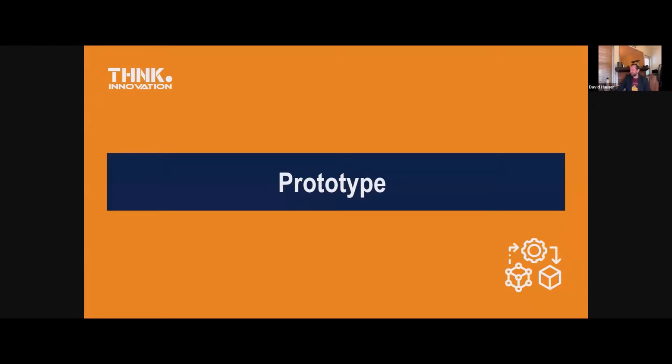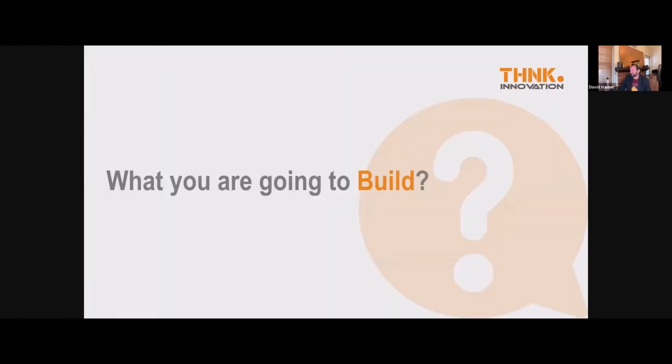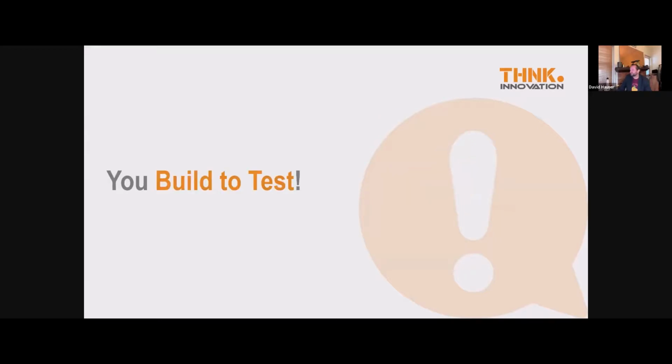So, and then we come to prototyping, Mike. A prototype, that depends on what you define as a prototype. You are going to build a prototype in the first place to test and verify your idea.